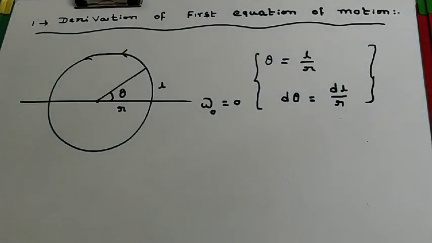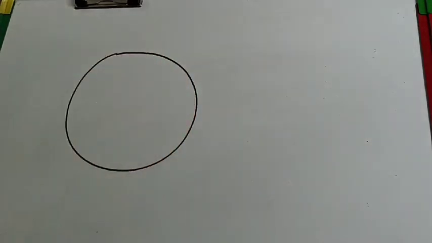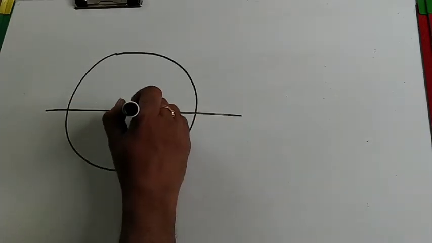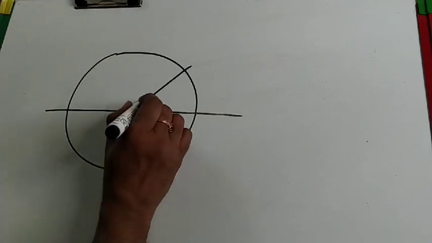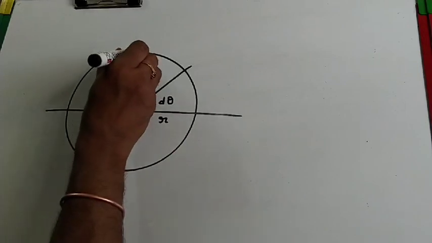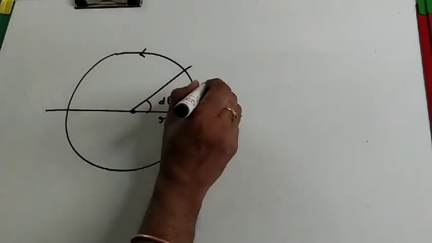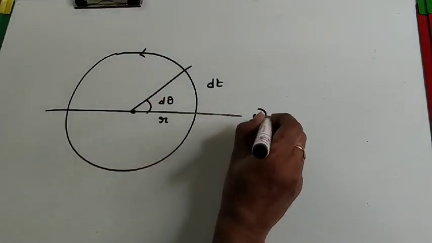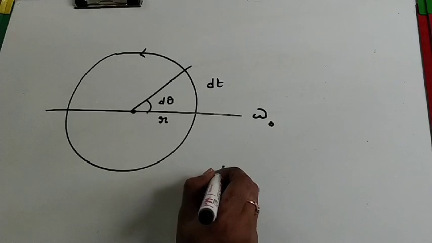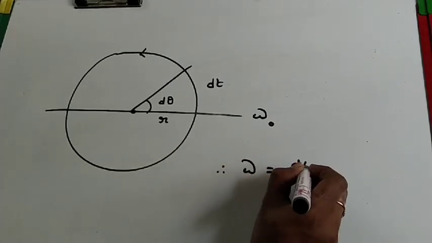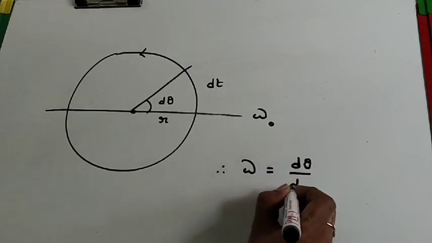That means take the circle, take center, this is d theta, radius r, particle is moving in anti-clockwise direction, this is d theta, consider it is omega naught, therefore here omega is equal to d theta by dt.